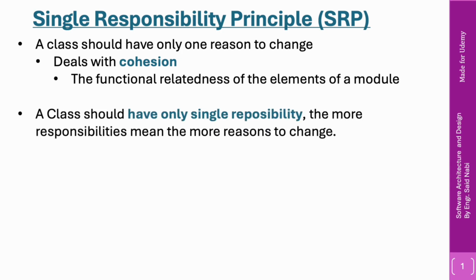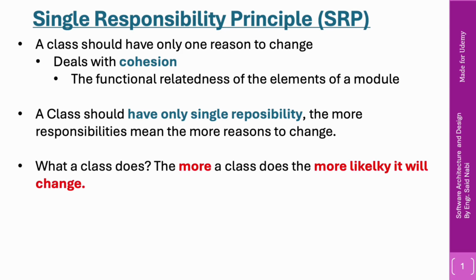And why does it matter? A class should have only a single responsibility. The more responsibilities mean the more reasons to change. So more changes will bring a higher chance of bugs, and a class that does too much becomes fragile and hard to maintain. The more a class does, the more likely it will change.